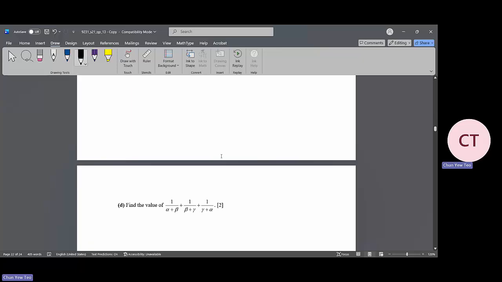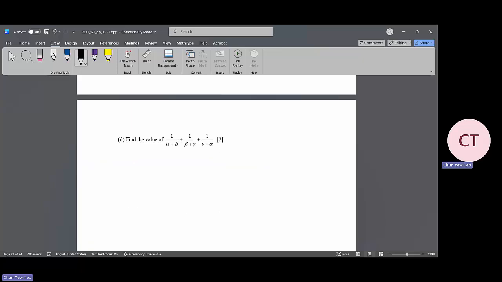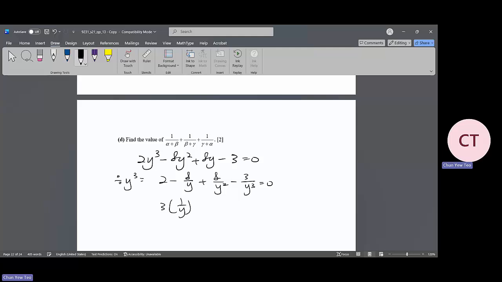Then over here, we just need to take this equation, 2y cubed minus 8y squared plus 8y minus 3. I divide everything by y cubed, and I get 2 minus 8 over y plus 8 over y squared minus 3 over y cubed. And I rearrange it in this way.